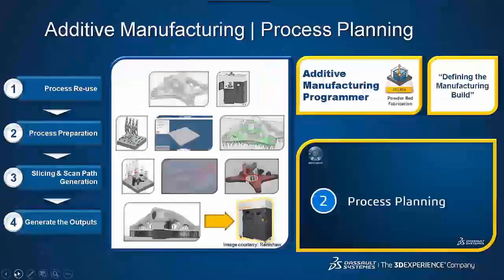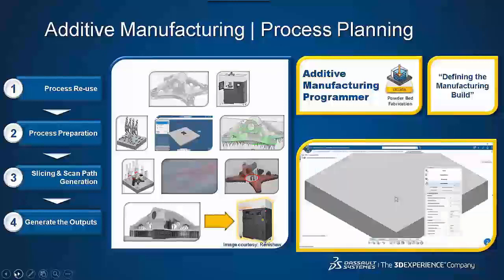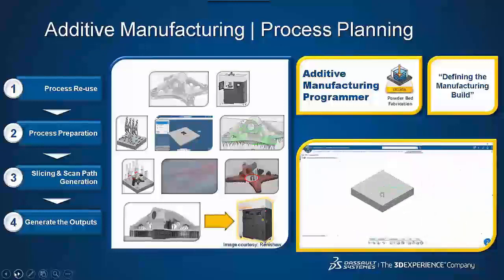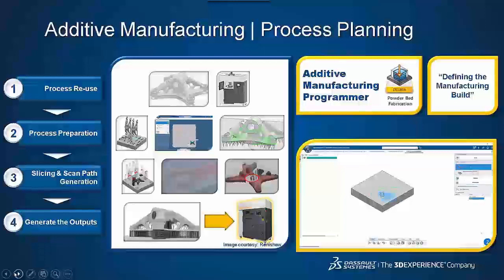Okay, so the next application or role we're going to talk about here is the additive manufacturing programmer role. And if you recall, this is where we plan for the additive manufacturing build.